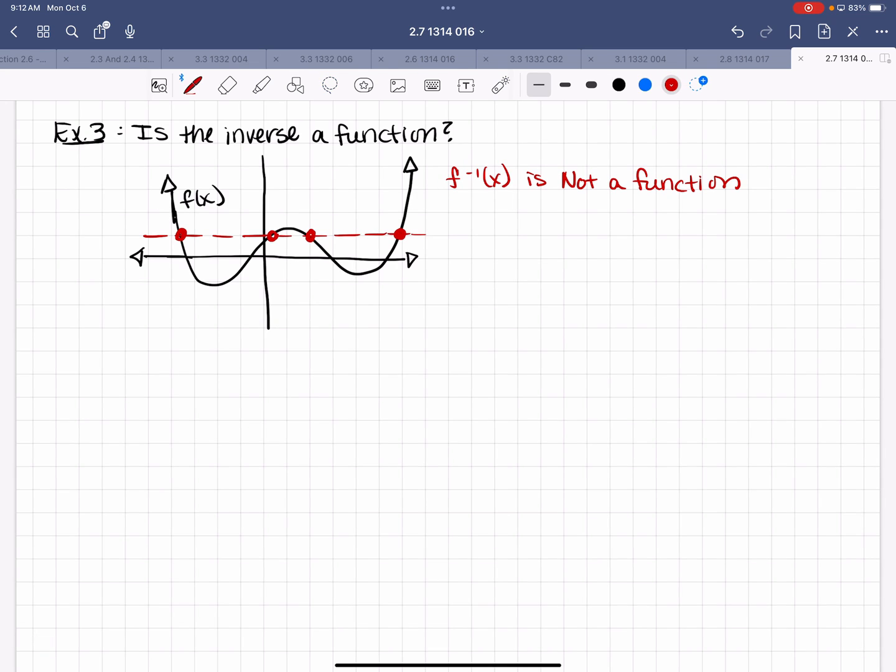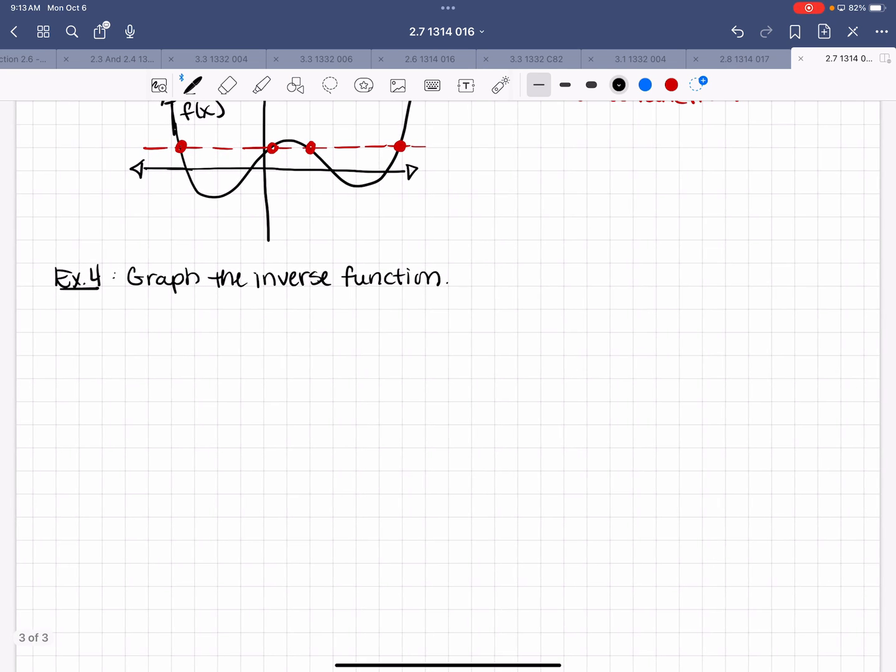Okay, let's look at example 4. Graph the inverse function. Okay, so they're going to give me just an original graph. They're going to give me f of x, and they're going to tell me to find the inverse of f of x. So f of x itself might have a point at -3, 0.